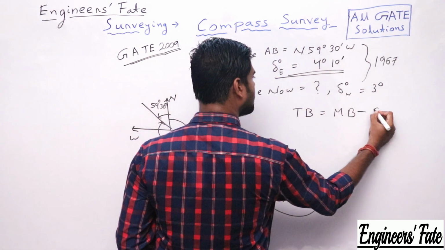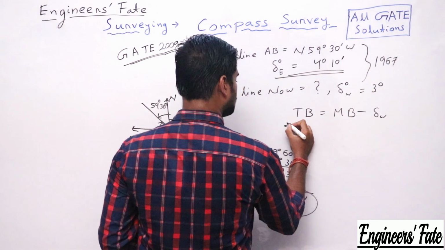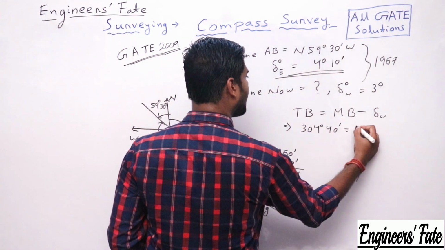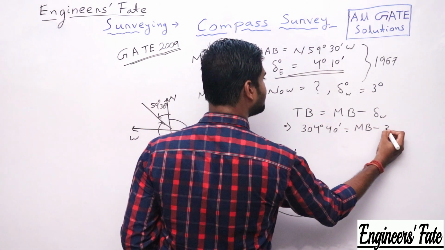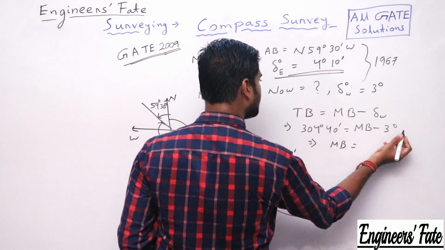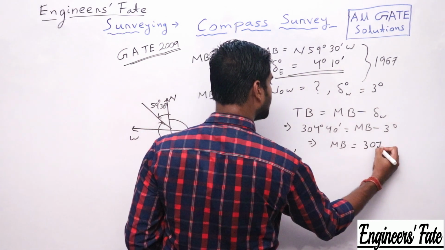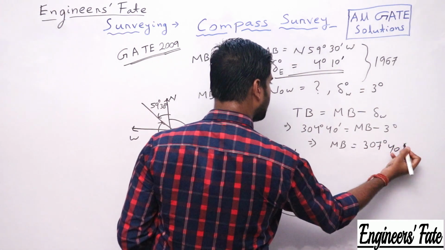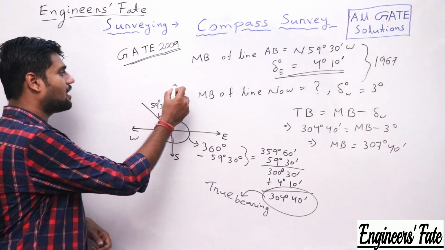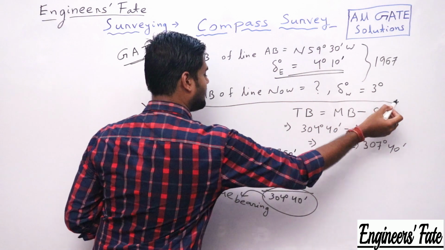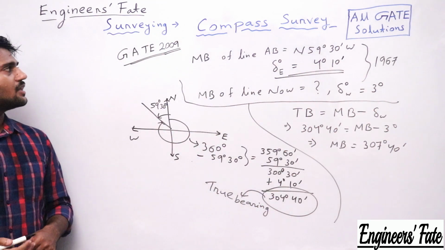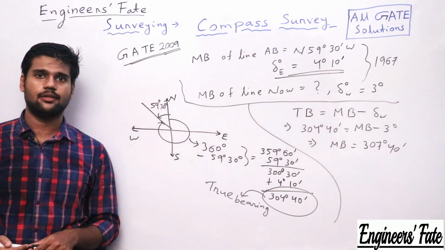So the true bearing is 304 degree 40 minute and the magnetic bearing minus 3 degree. So whatever the magnetic bearing, this 3 degree will be added, 307 degree 40 minute. So very easy thing, please note it down. I hope this thing is clear. Please note it down and try the next question.